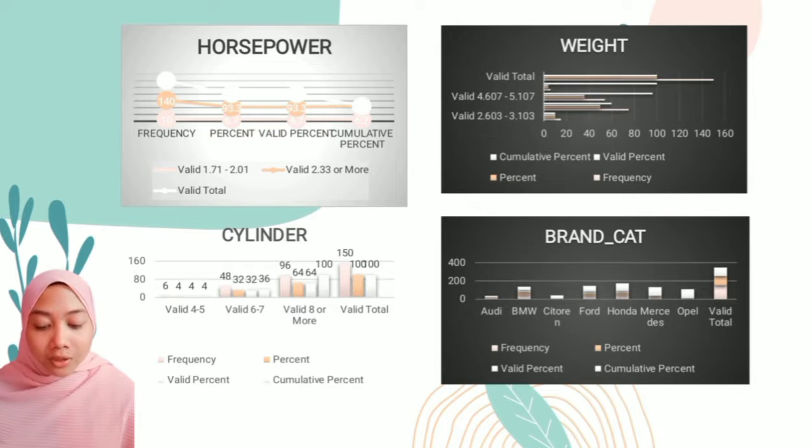And last but not least, for the graph, the highest frequency brand of car is BMW, which is 44 and percent shows 29.3%, and the lowest frequency brand of car is Citroen for valid number 4, which is 1.3%.